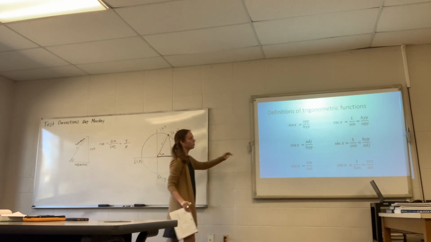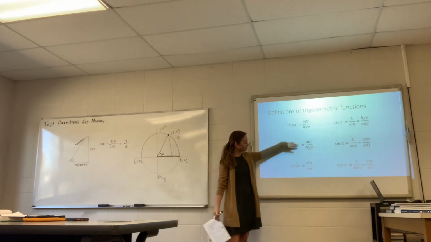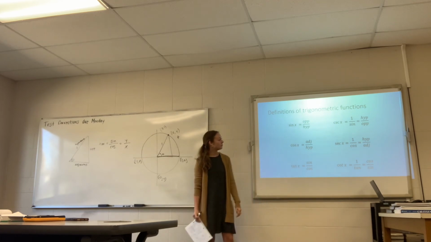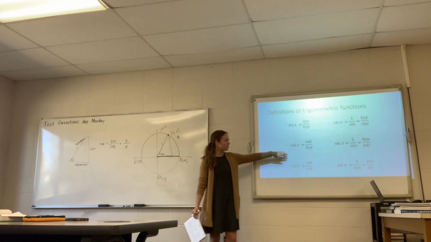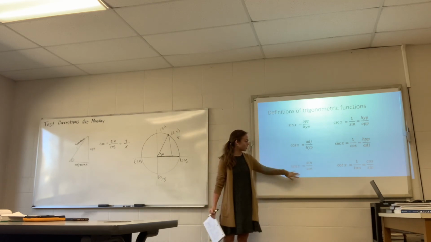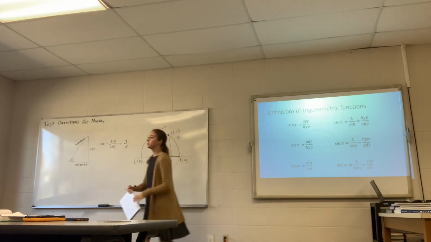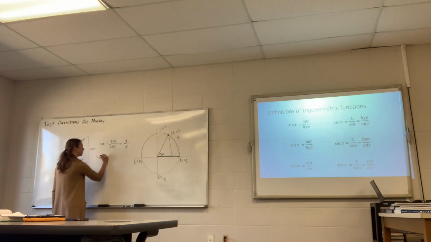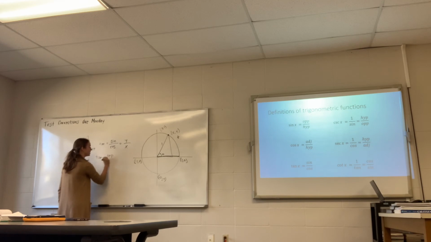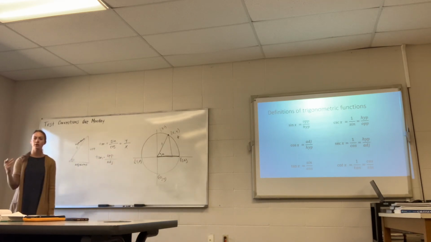Okay? And then once you know the three main ones, sine, cosine, and tangent, so we know that sine is opposite over hypotenuse, cosine is adjacent over hypotenuse, and tangent is opposite over adjacent. It doesn't say that up there, but tangent is opposite over adjacent, or it's the same thing as sine over cosine.